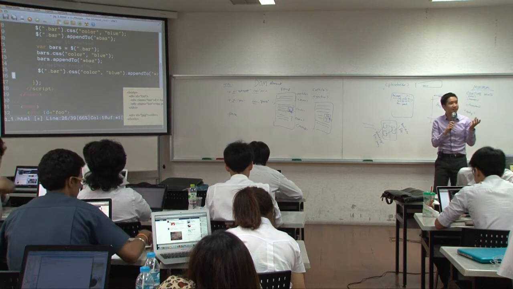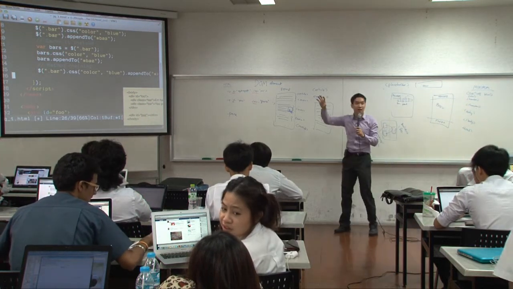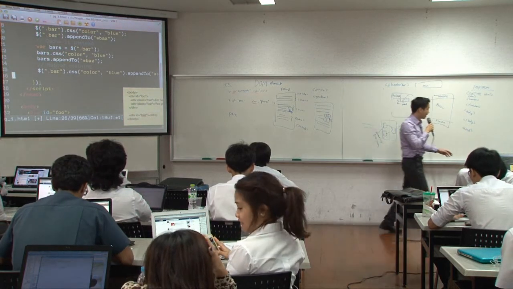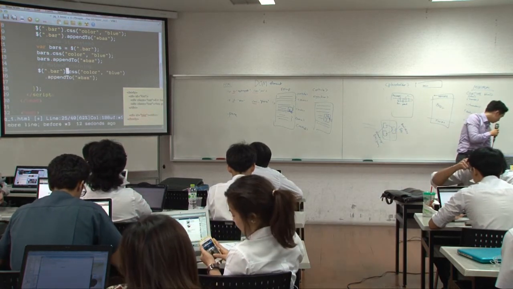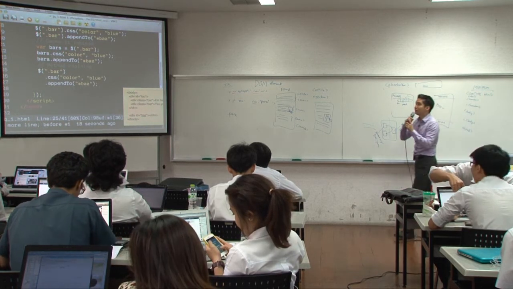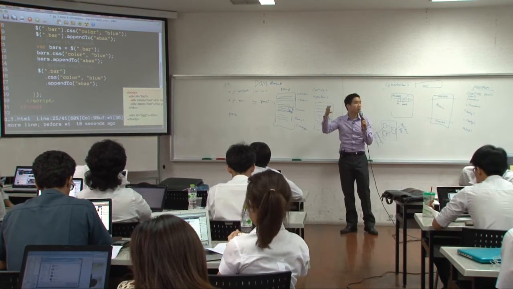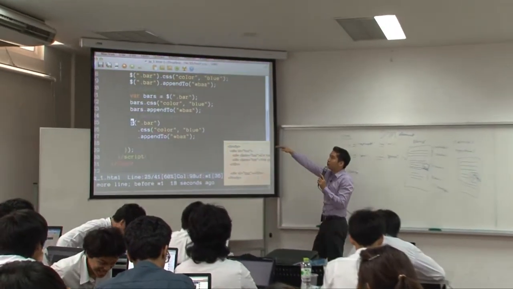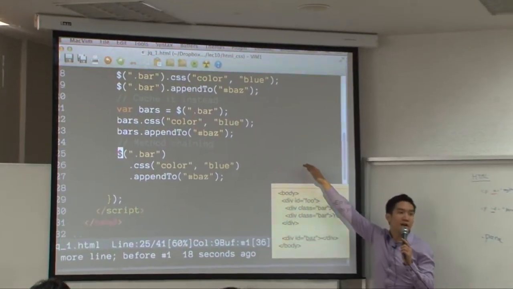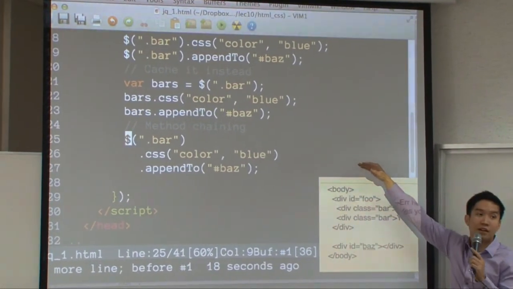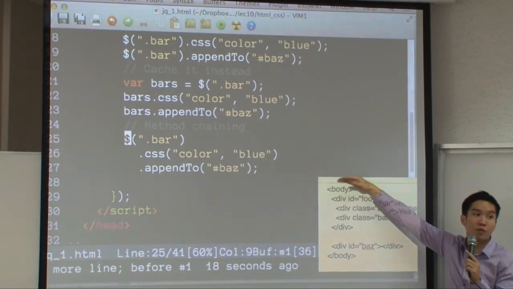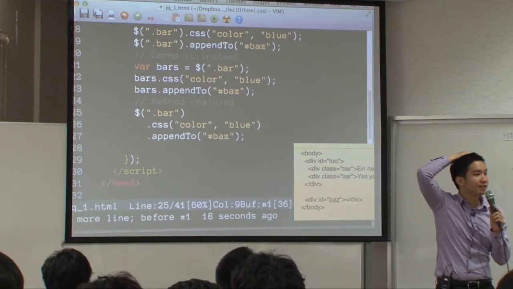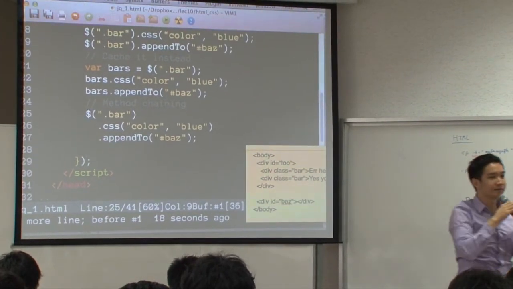This is called method chaining. Dot something, dot something. But the reason why I had it like this was because it looks more readable, no? You can see, oh, okay, so I want to find all the dot bar, and then I want to change CSS, then I want to append to ID Baz. Is that clear? Method chaining?